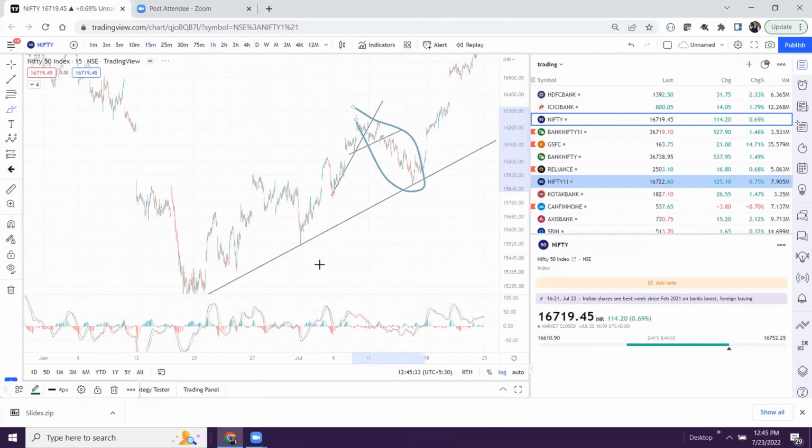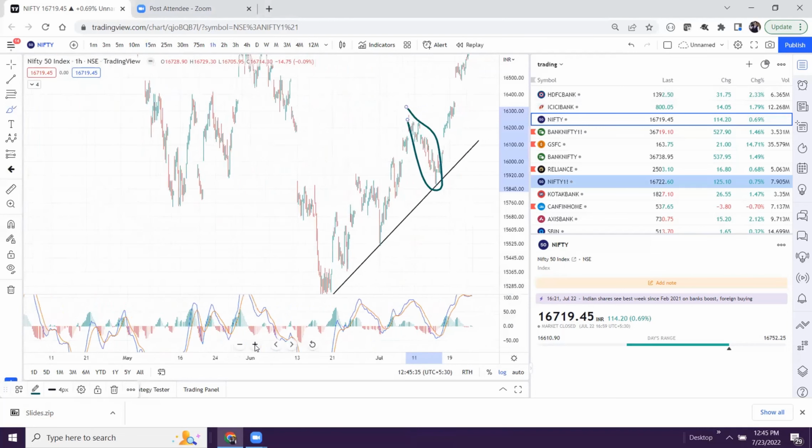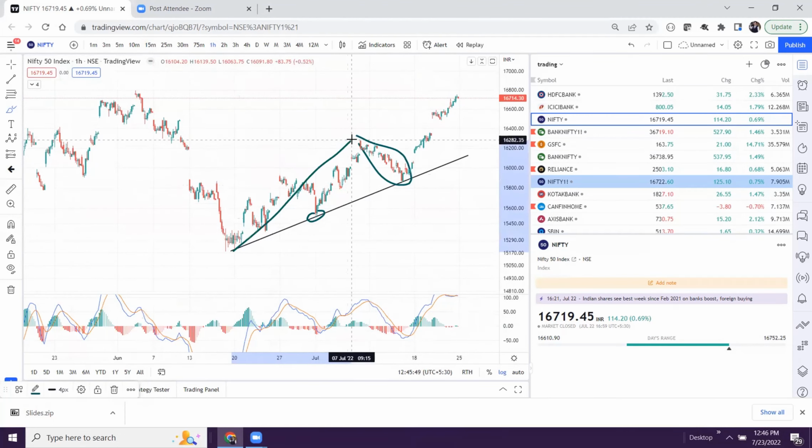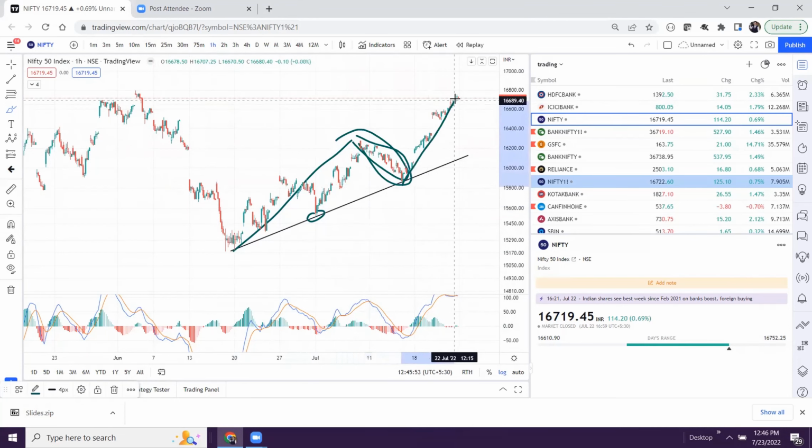The major trend here is up, because unless and until this point is breached, this is an uptrend. And once you are in an uptrend, you should always, as per Elliott also, see, this is one move, you got a correction, and then you are expecting one more move up.